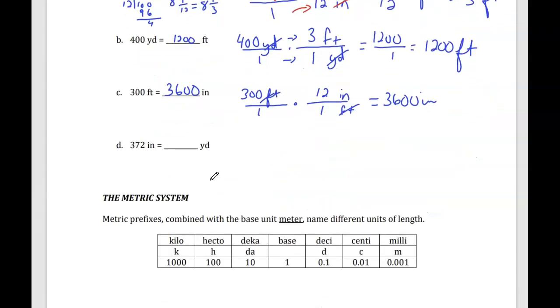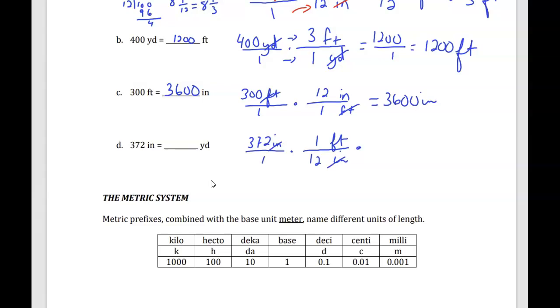Then we look at this last one, and we start with 372 inches, and we want to go to yards. Well, I don't have anything that goes straight from inches to yards, but I know that there are 12 inches in 1 foot. Okay, so that cancels this out.